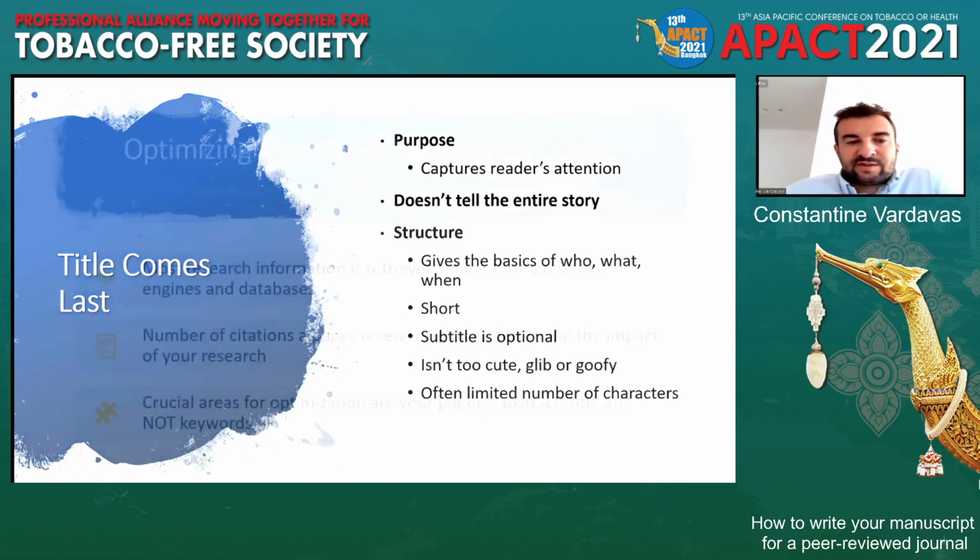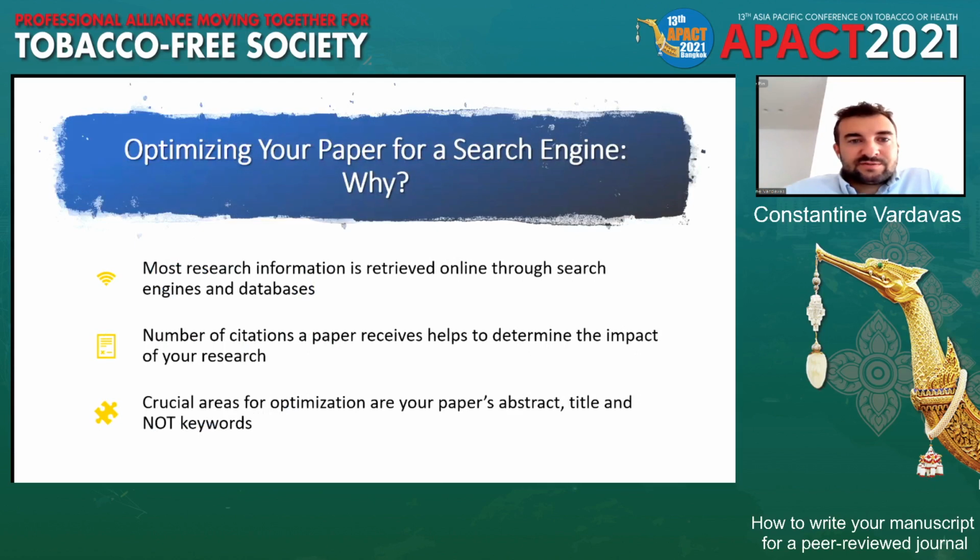Another important aspect is your keywords, because when people are searching for your paper, it should be organized so that your paper can be identifiable in PubMed, in Scopus, in Embase, in Web of Science. But for your paper to be identifiable, you must have it identified through keywords.